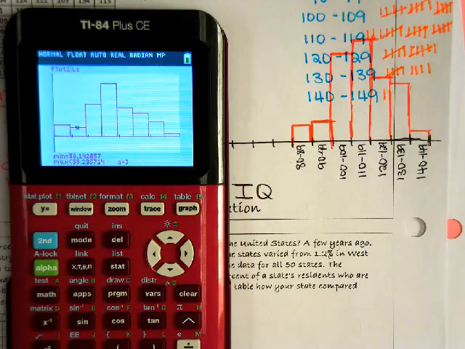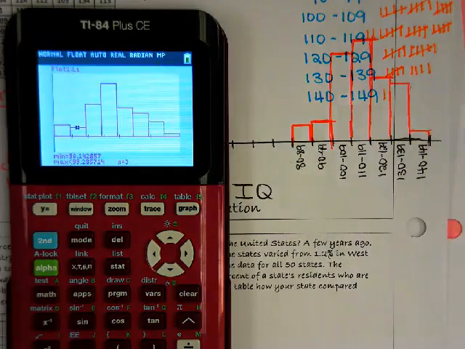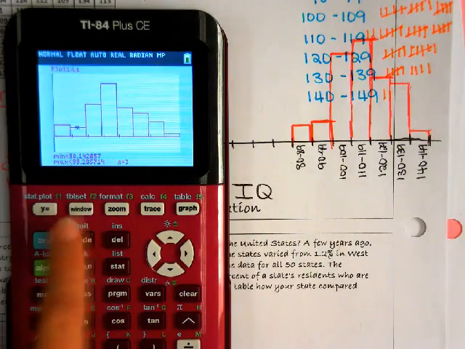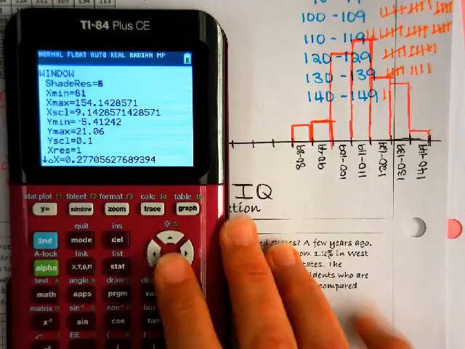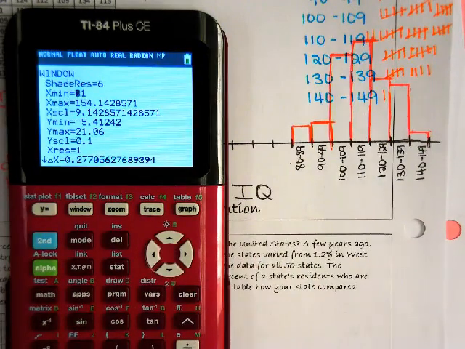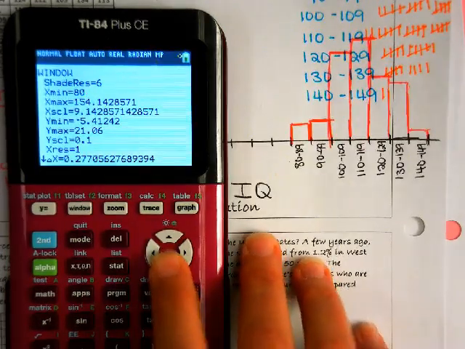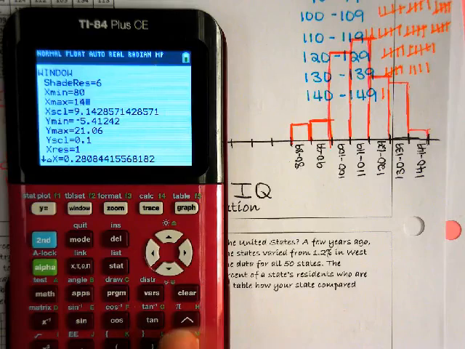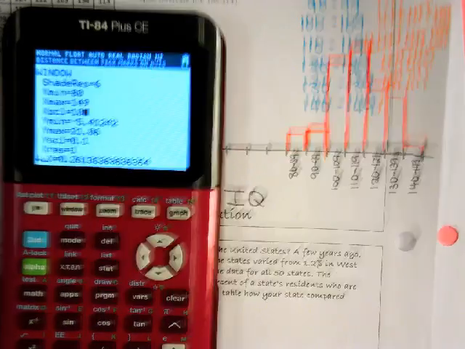If you go to window, I could change it so that it starts at 80, stops at 149, and goes by tens. And then if I hit graph, it should match mine that I drew. I made it have the same intervals as what I did by hand.